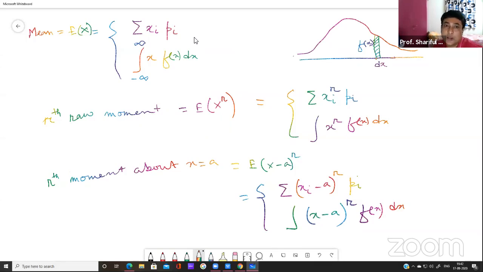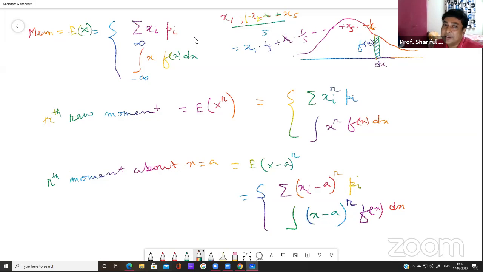In our childhood, we defined the mean this way: suppose 5 values x1, x2, up to x5 are given. The mean is x1 plus x2 plus ... plus x5, divided by 5. Basically this is x1 into 1 by 5 plus x2 into 1 by 5, and so on, plus x5 into 1 by 5.